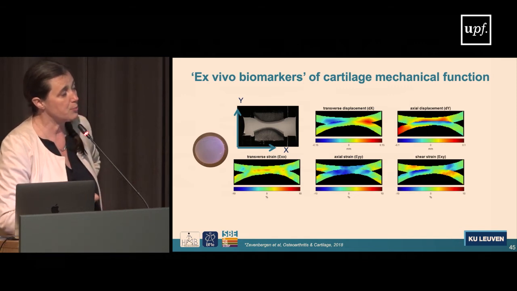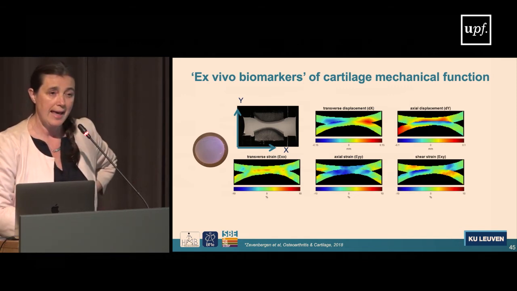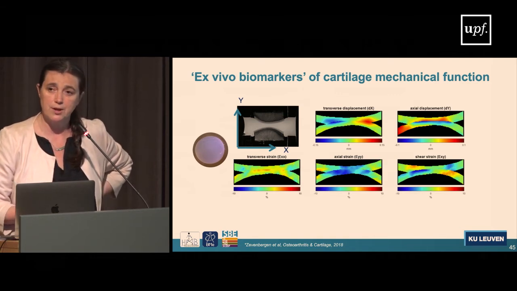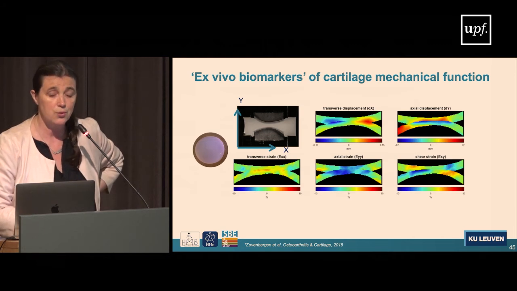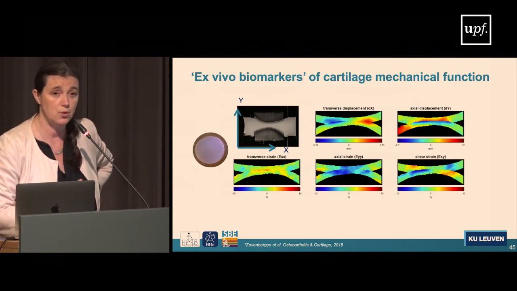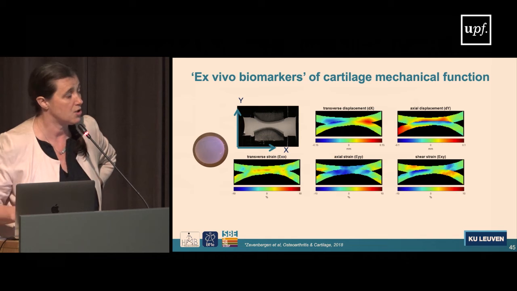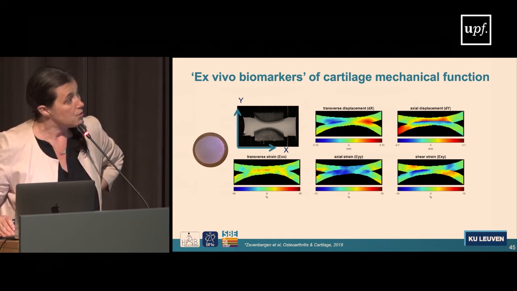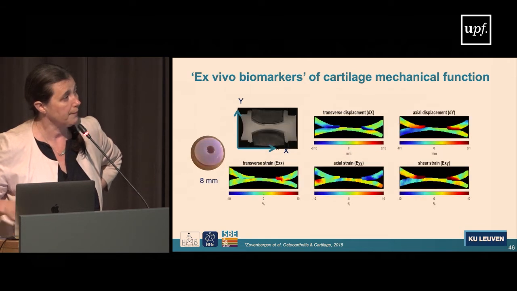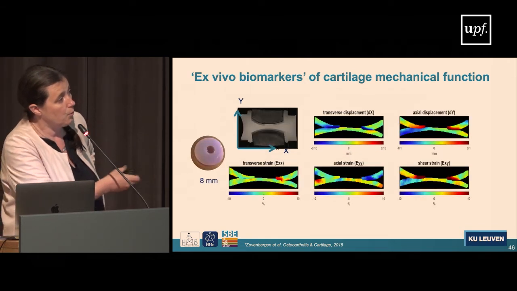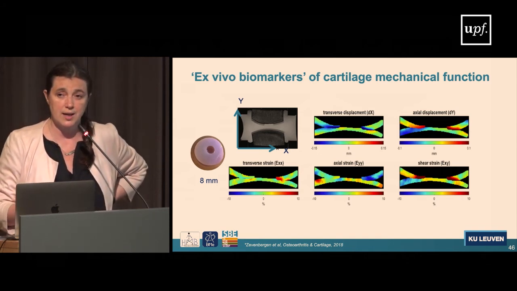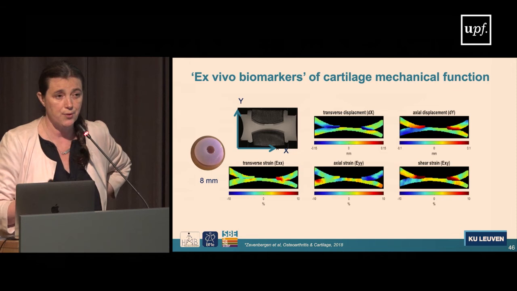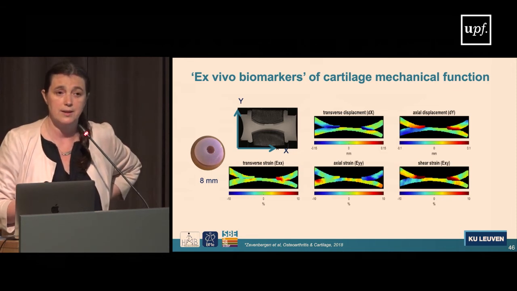And in particular, in this project, we were interested to see if there was a surgical debridement of a cartilage defect, whether that would introduce excessive shear strain to the cartilage tissue, and if that could be the cause of degradation in the joint. So if you look at these strain maps and you compare them with the following, and in particular with the one at your right, the bottom one, that is the shear strain at the edge of a perfectly debrided cartilage defect.